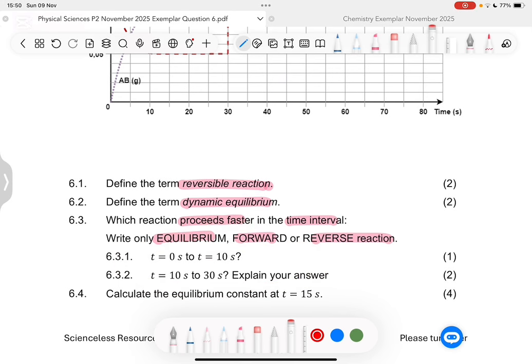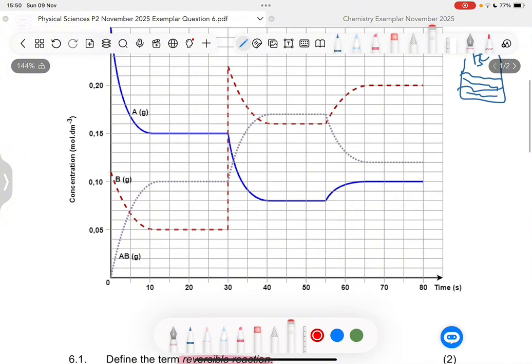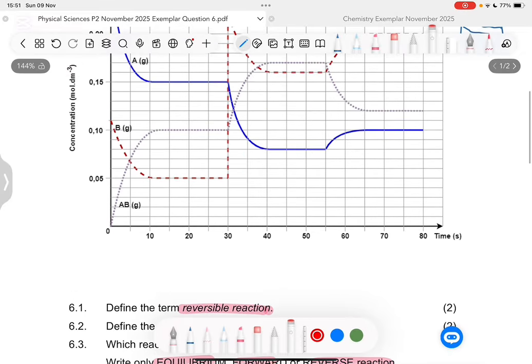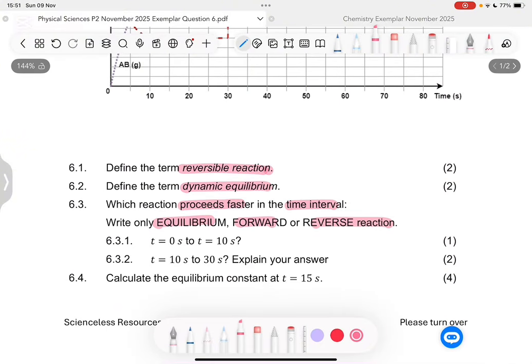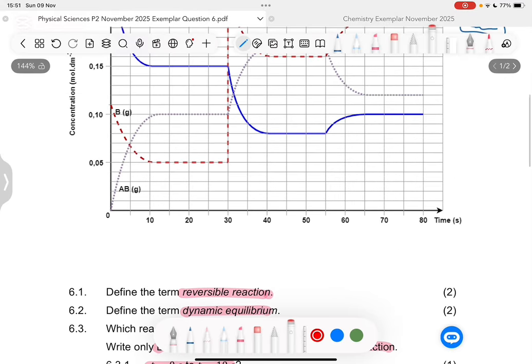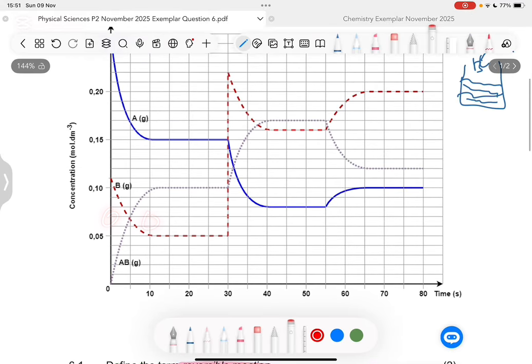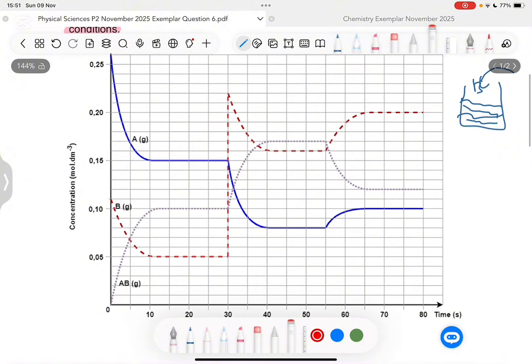Remember, I said here that as these reactions are taking place, there are both forward and reverse reactions taking place. And we know that at some point here we reach equilibrium. So they're asking us to check for that on the intervals that we're given. The first interval that we are being given is from 0 to 10. So we are looking at the time here to here. That means we are looking at this part of the graph.